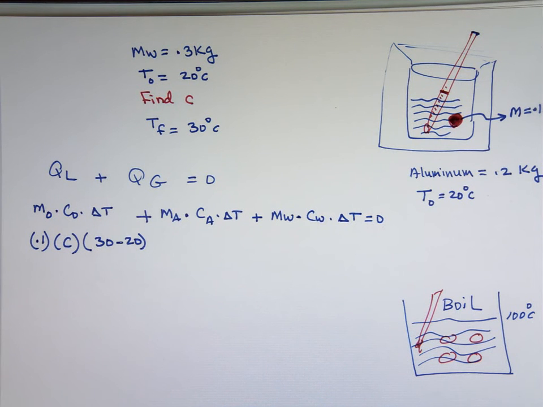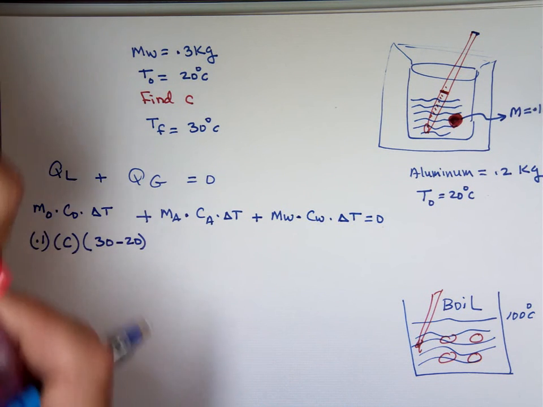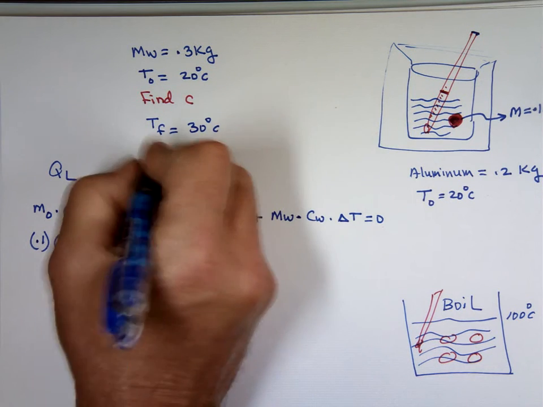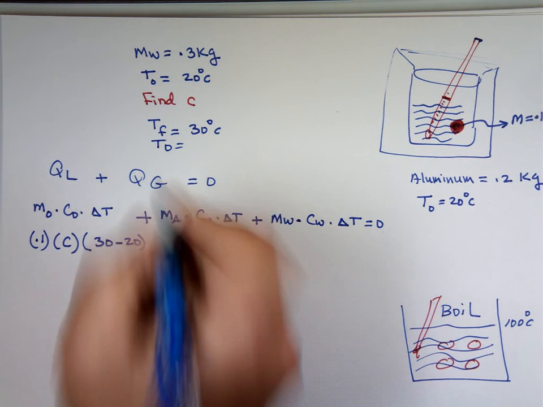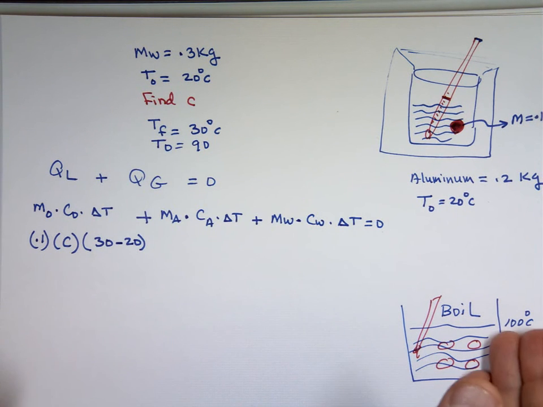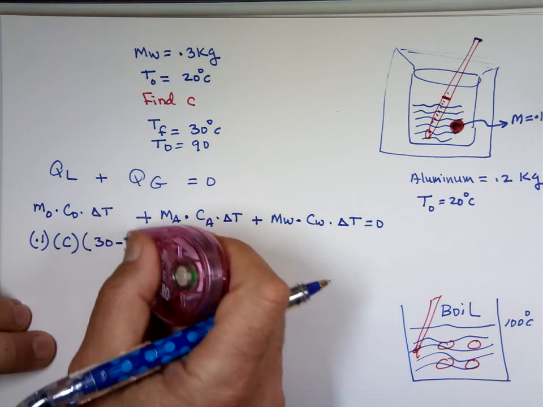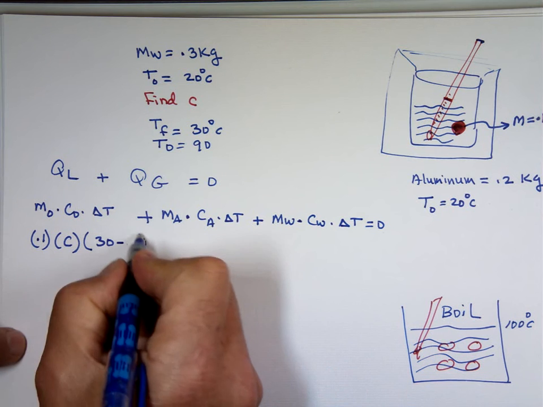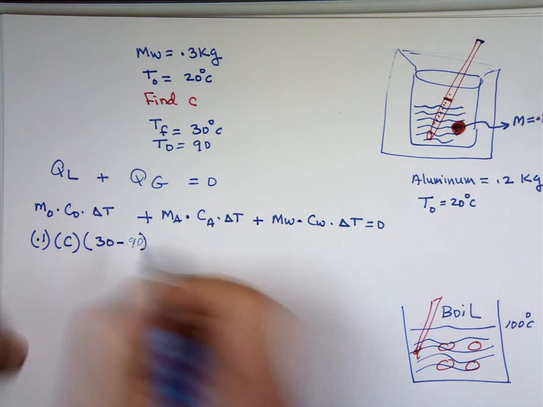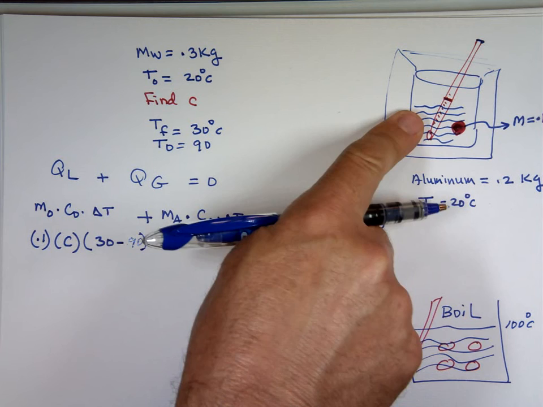I'm sorry, what was the initial temperature for that bowl? We said it's going to be roughly about 90 degrees, right? Because boiling is 100. By the time I take it out with the spoon and move it around and drop it there, it's probably 90 degrees. So the final minus the initial. The initial temperature for that bowl is 90 degrees, coming out of a different container. It wasn't here yet. It was right here. I'm going to put it there.